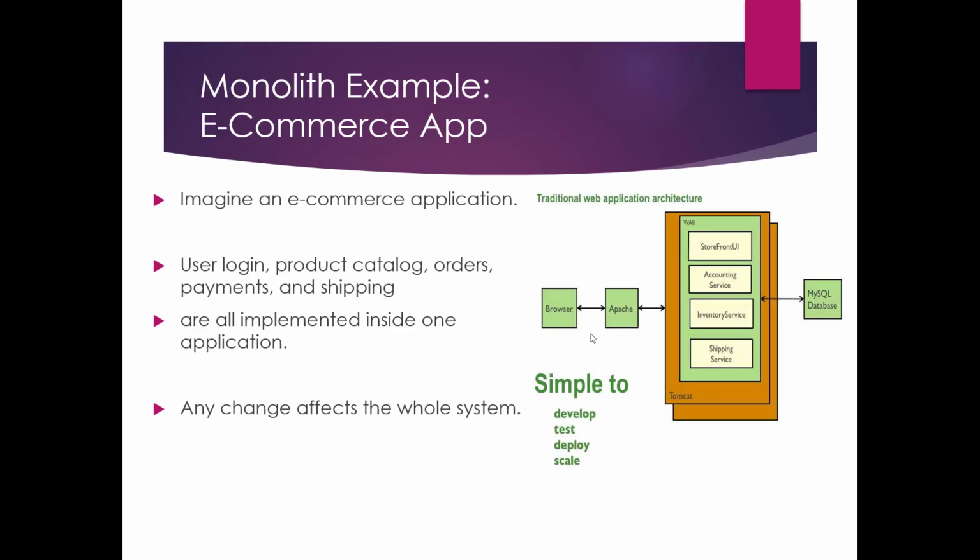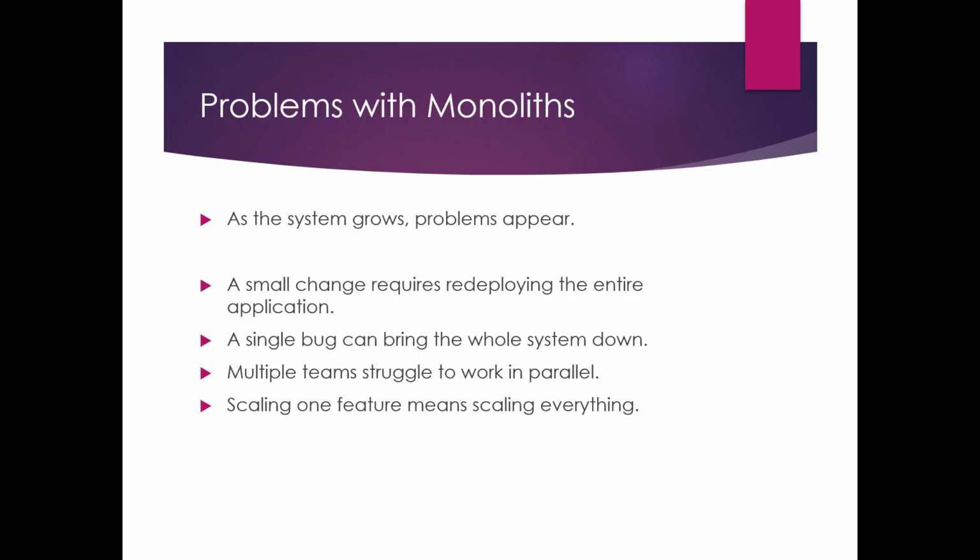For example, we have user login, product catalog, orders, payments, and shipping. All are implemented inside one application, so any change made in one area can impact the other areas as well. That is how the monolith application was previously used.